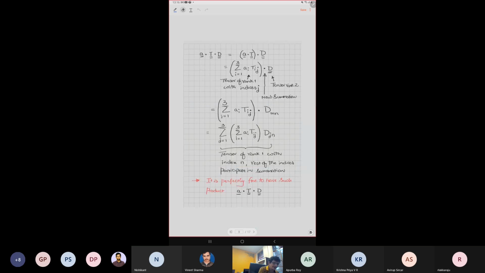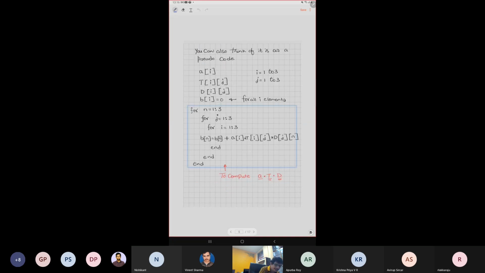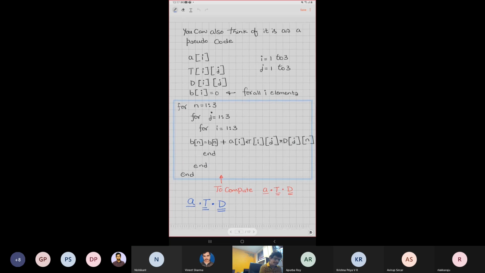So again, if I would like to really do this operation, A dot T dot D, and I would like to develop a computer program, A is A_i, T is T_ij, and D is D_jn, with B_n equal to 0 in the loop.